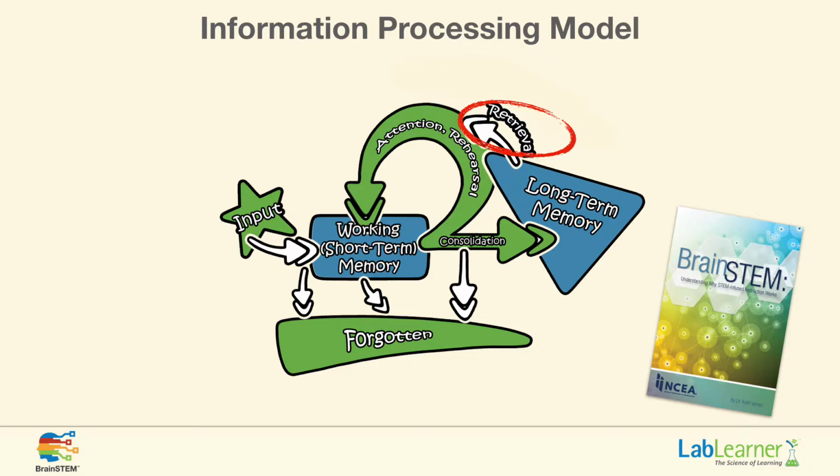Information that is in our short-term memory is only there for a very short period of time, as the term short-term memory implies, but it also is very limited in its capacity. We cannot remember very many pieces of information in working memory. I think the reason it's called working memory is because it is a place where we are processing information.